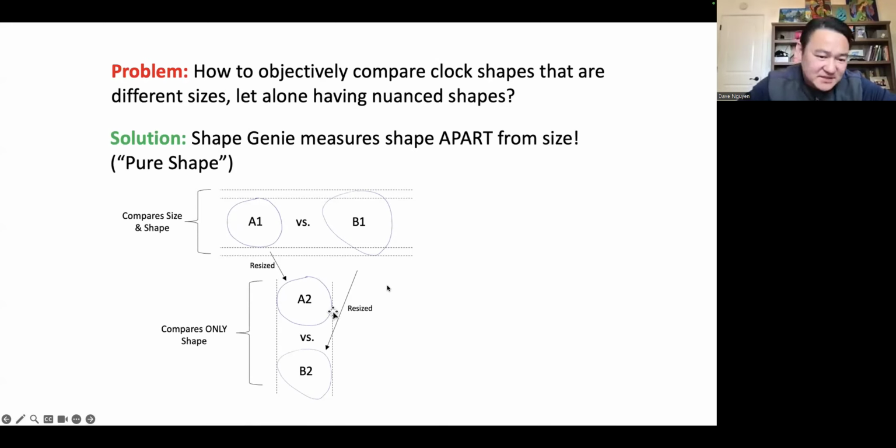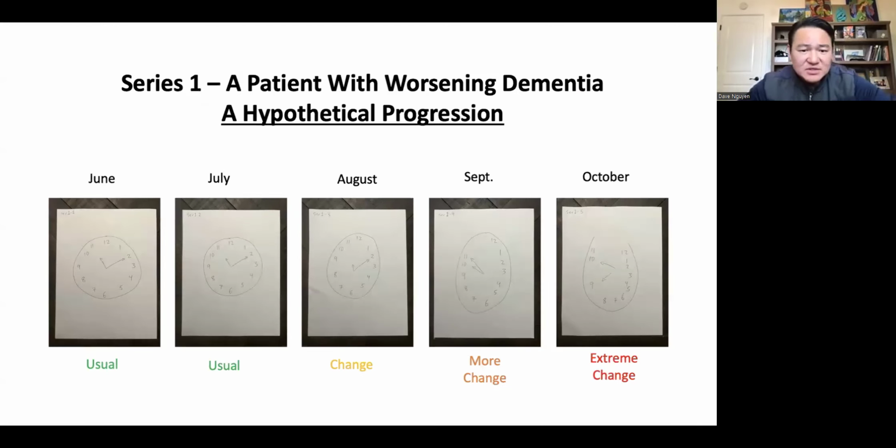This allows us to objectively measure the normal variation in how people draw clocks. Because unless you're an artist, your clock's going to look slightly different every time you draw it, and that's normal. And so this allows us to develop this app to detect early signs of cognitive impairment through clock shapes.